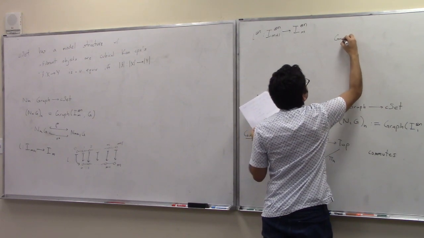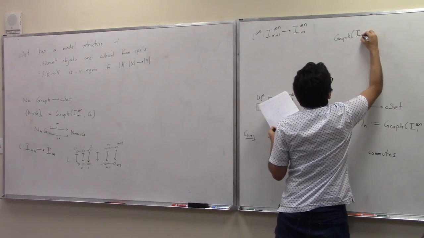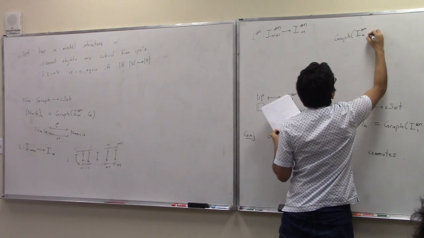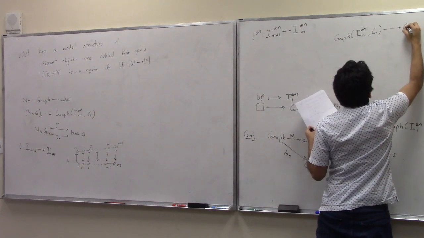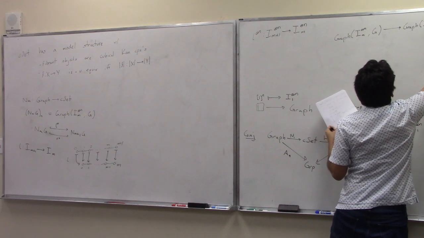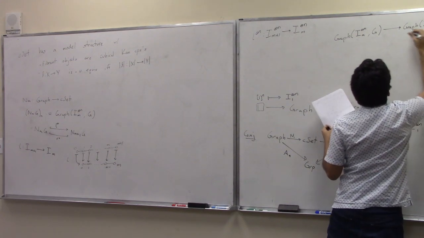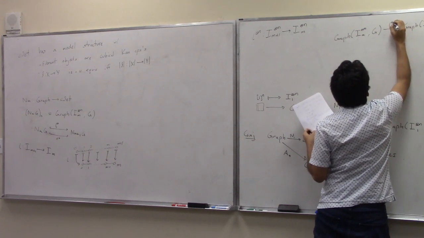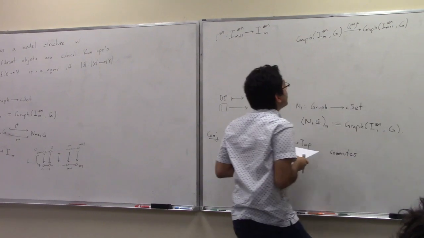If I consider the set of maps from Im to the tensor power of n into G, I have a function to maps from Im plus 1 to the tensor power of n to G. And this is just precomposition by the map L to the tensor power of n.